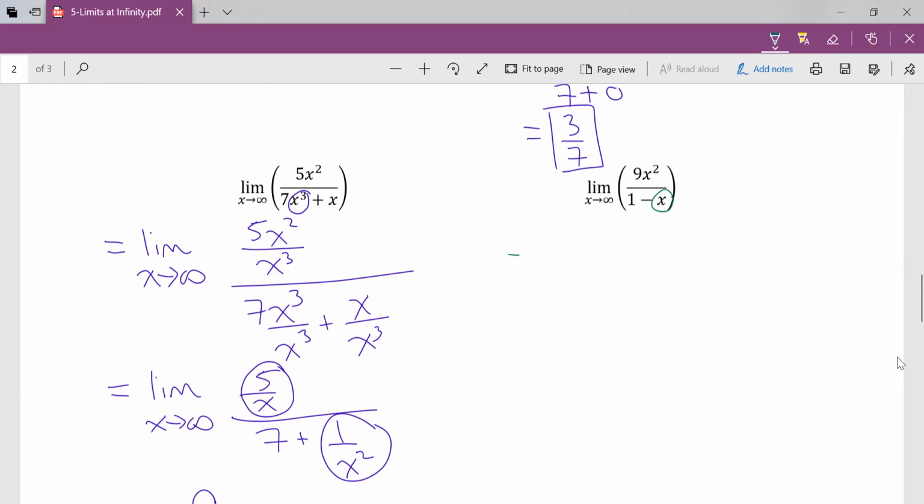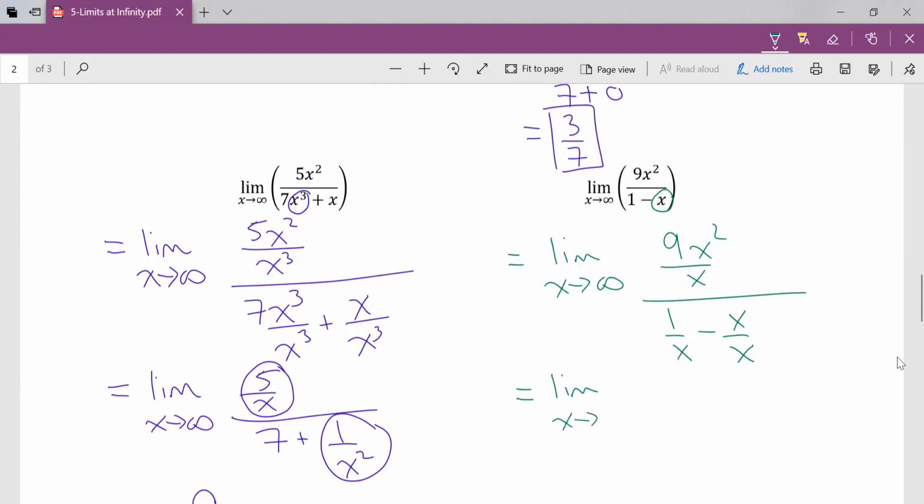So the limit as x goes to infinity, I get 9x squared divided by x, all divided by 1 over x minus x over x, which is the limit as x goes to infinity of 9x over 1 over x minus 1.